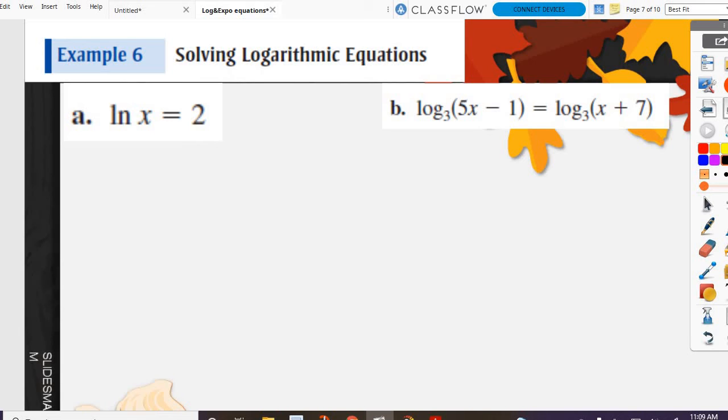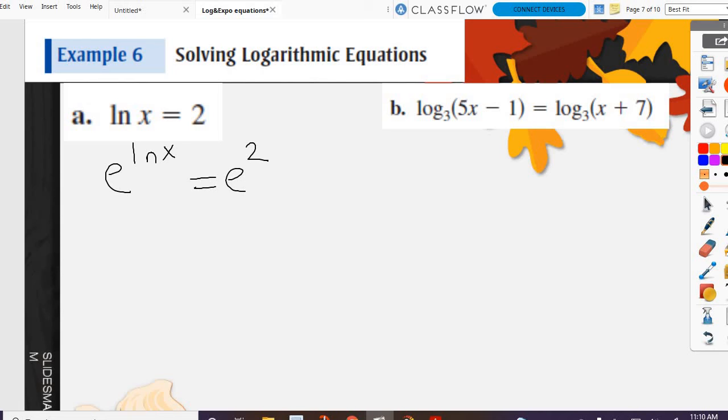Basically, we're going to put both of our sides and make them powers. So I would want to use the same base that my logarithm has, which in this case we have a natural log, so it's going to be an e. And we're going to put both of those things into the power. So notice that I'm not raising it to a power of e, like e is not in my exponent.